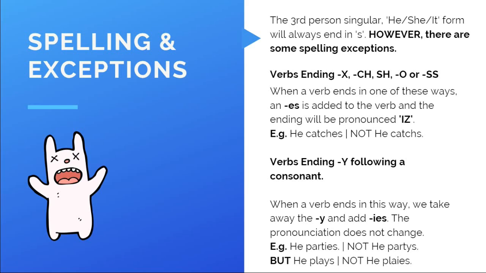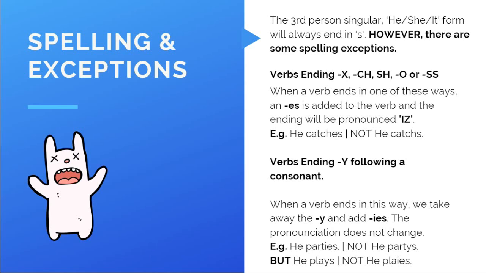The pronunciation doesn't change. So, for example, he parties, not he parties with a Y-S. Okay? He parties, I-E-S. So the Y here follows the T, therefore we replace it with an I-E-S because the letter T is a consonant.